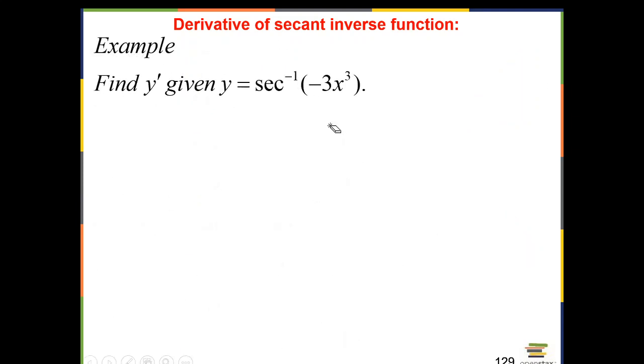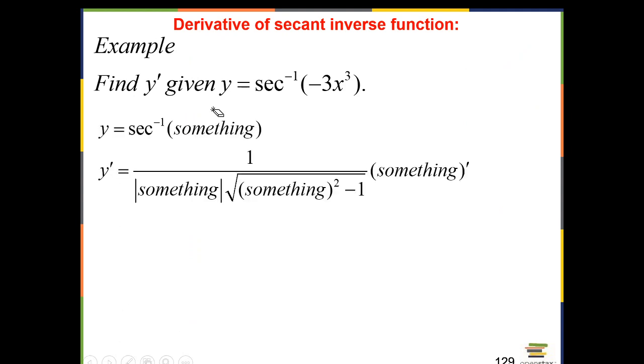All right, now that we know, we're going to use the formula for secant inverse. What's the derivative of secant inverse? It is 1 over absolute value of something, whatever is in here, then a square root of something squared minus 1. That's the structure. And then you have to multiply by the derivative of something.